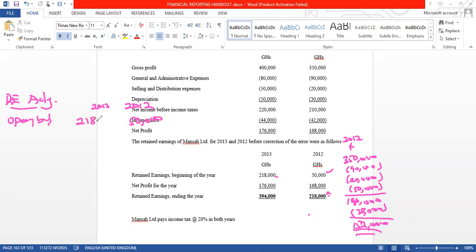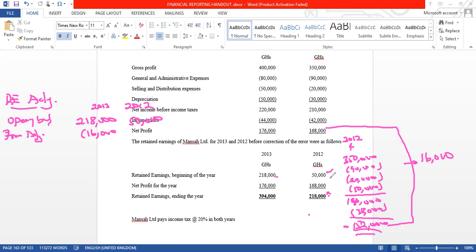So we have 280. What we are going to go through and do is to correct the error and bring in our prior year adjustments. These are normally done in the statement of changes in owner's equity. So you see that the difference between this figure and this figure that we have is actually 16,000. So that is what the change brought. All right, so we now need to go through and reduce this to 18,000, to what it should be.